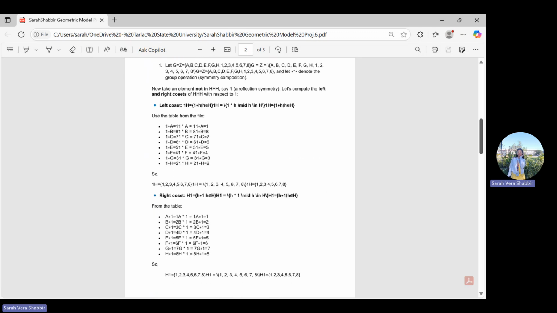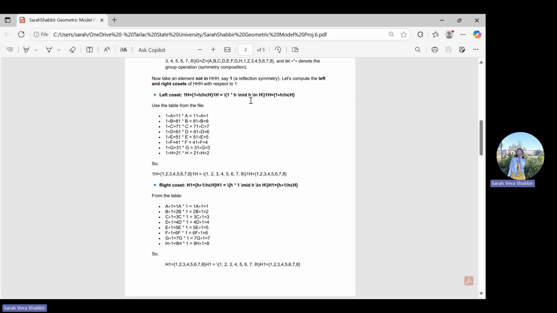Now, take an element not in H, say 1, a reflection symmetry. Let's compute the left and right cosets. So this is the table from the file. The left coset is here and the right coset is here.